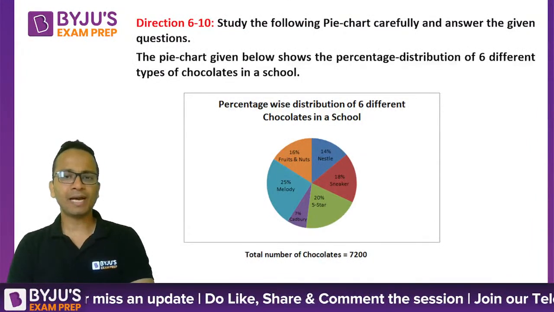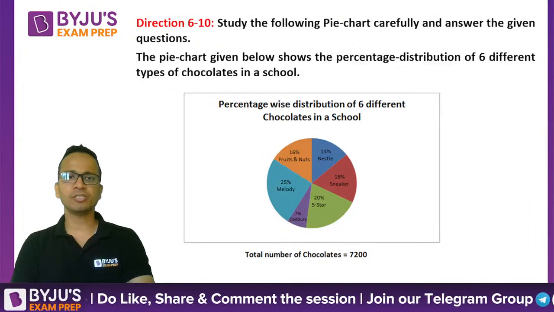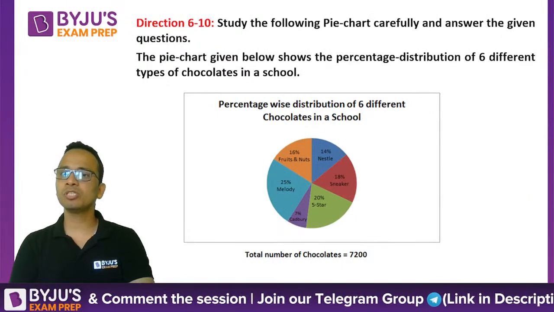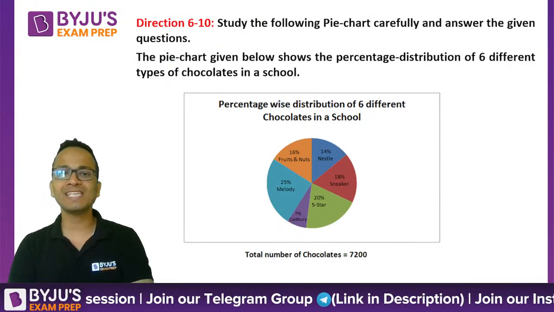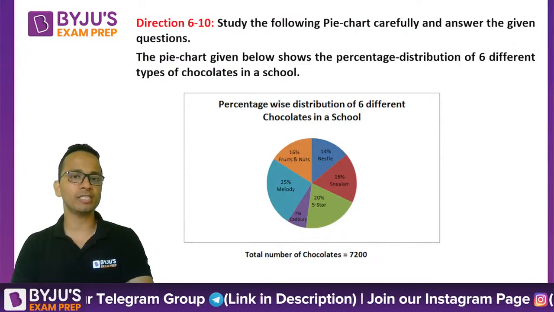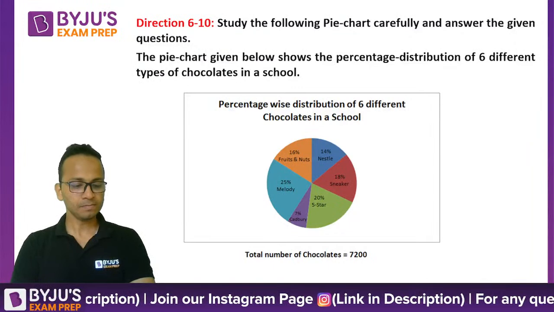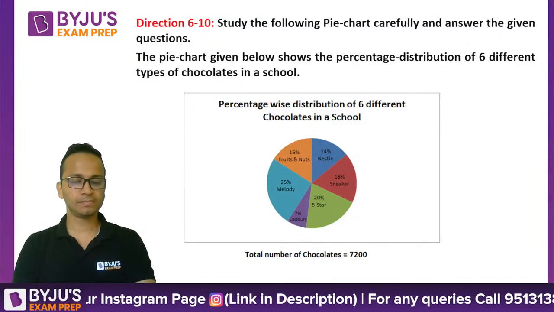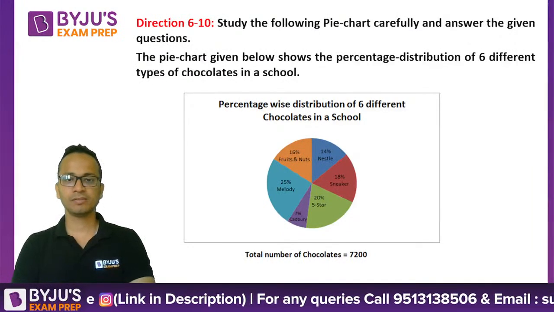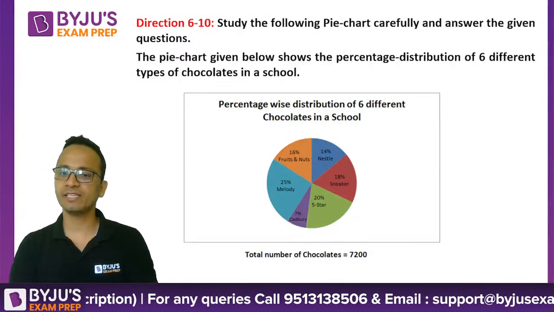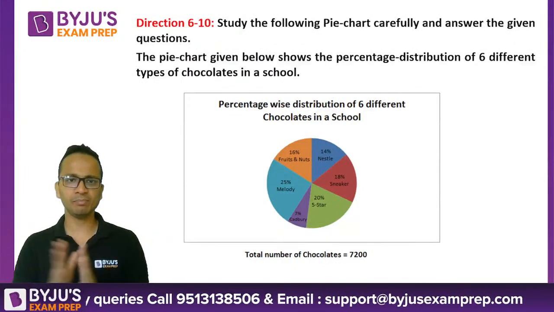Now study the following pie chart carefully and answer the given questions. The pie chart given below shows the percentage distribution of 6 different types of chocolates in a school. Total number of chocolates given is 7200. So the data is very simple.